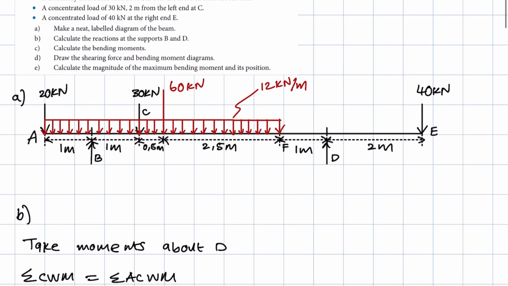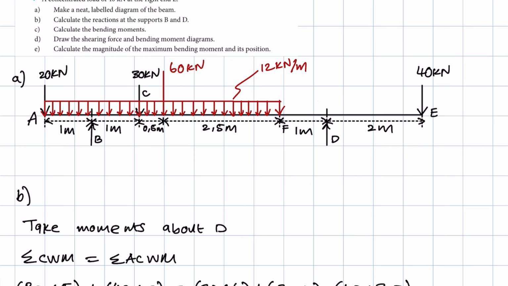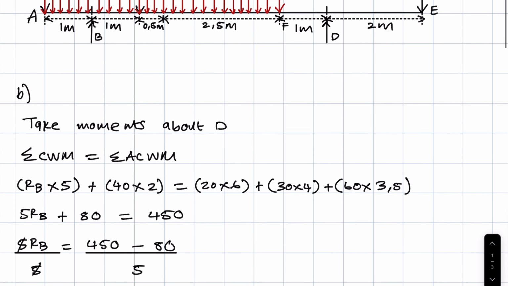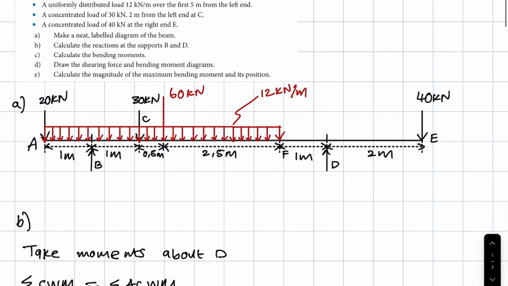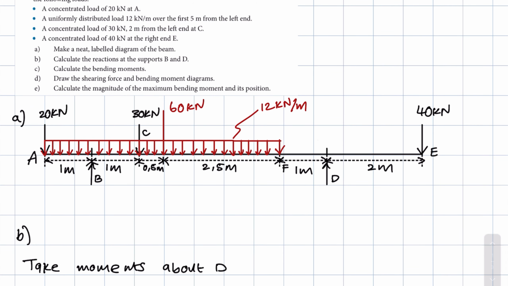I'll explain once we are finished with the bending moment calculations. So we're going to calculate the bending moment at each of the points which I've named on my beam. So at point A, B, C, F, D, and at E, right?